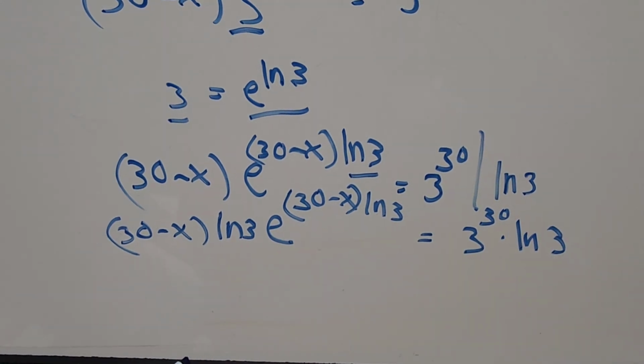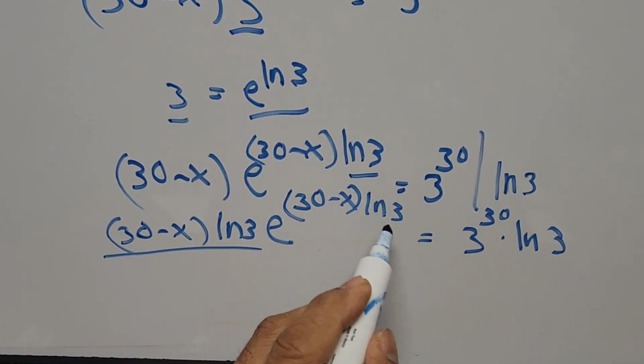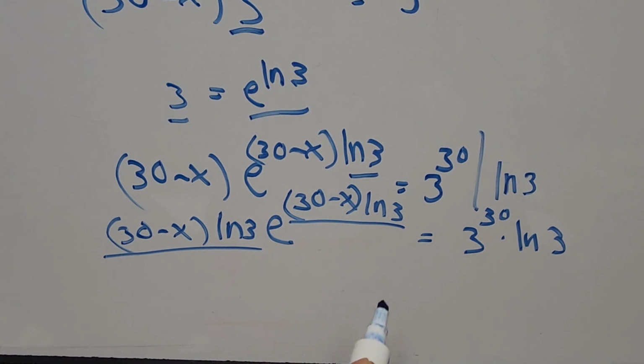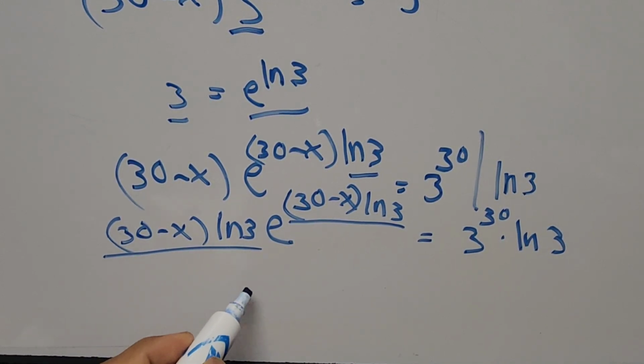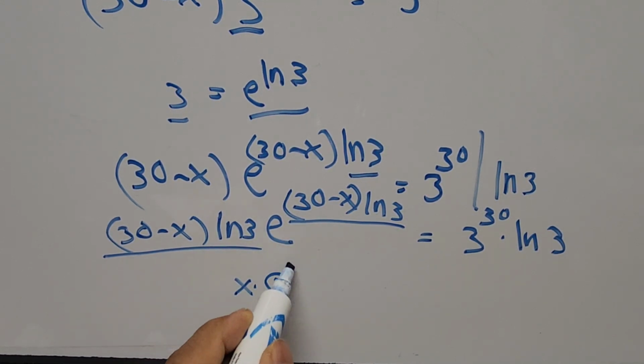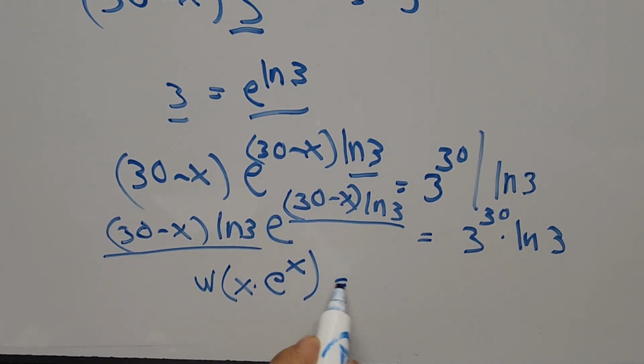Did you notice something on the left-hand side of the equation? 30 minus x times the natural logarithm of 3, and the exponent here is 30 minus x times the natural logarithm of 3. So from here, by using the Lambert W function, let's say if we have an expression of the form x times e to the power of x, applying the Lambert W function principle to this expression, we get the value of x here, right? This one right here, x.